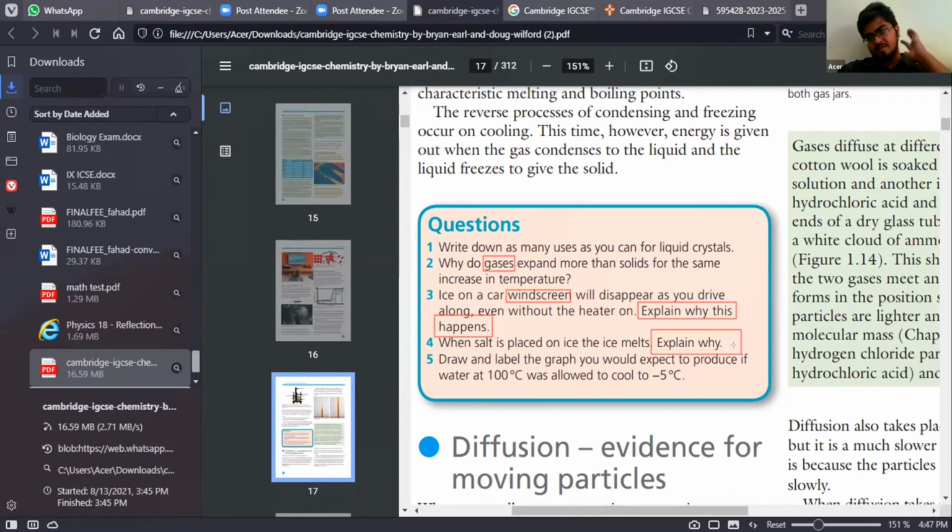That is because salt gets dissociated in the water. What is salt? Salt is sodium and chloride, and when we mix sodium and chloride in water, it dissociates into sodium ion and chloride ion, and this dissociation will force ice particles to get converted into liquid particles.